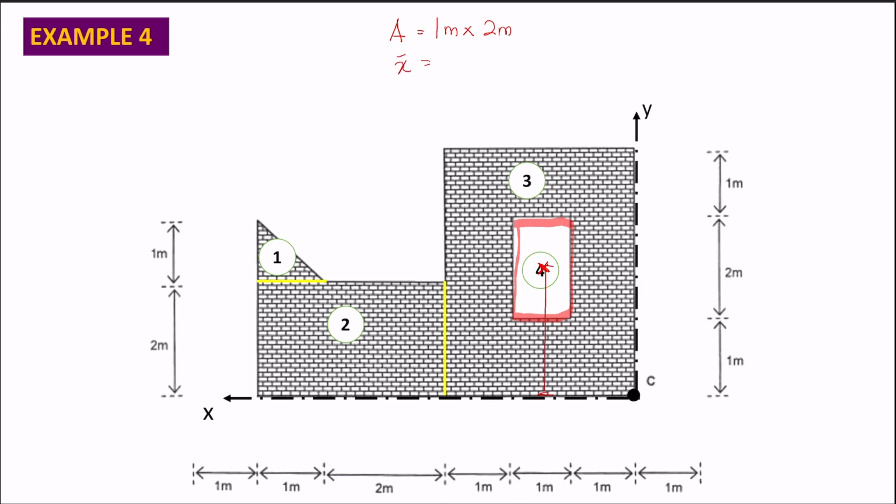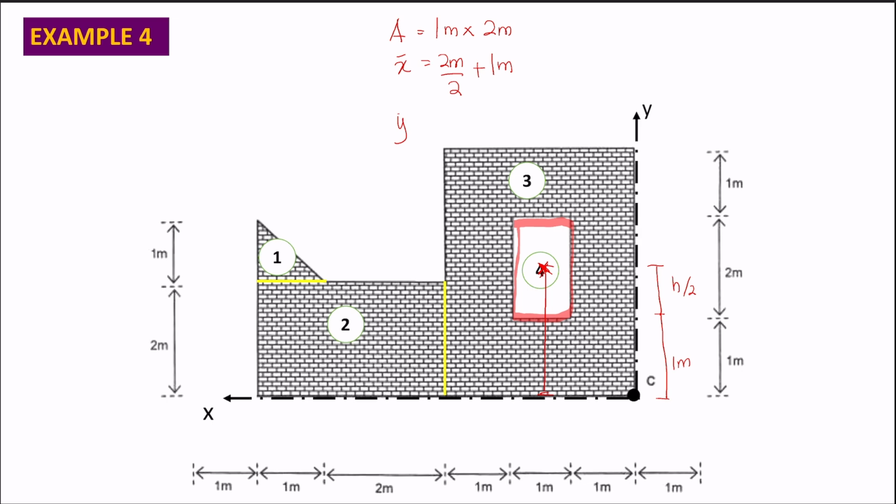It should be half of the height of the rectangle, 2 meter divided by 2, and you have to plus another 1 meter here to get to the x-axis.